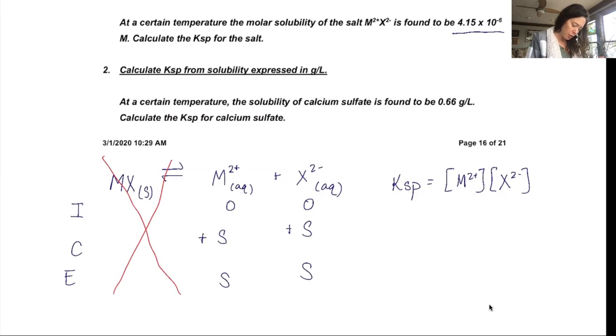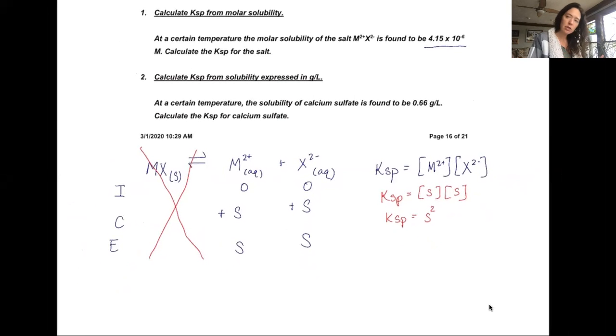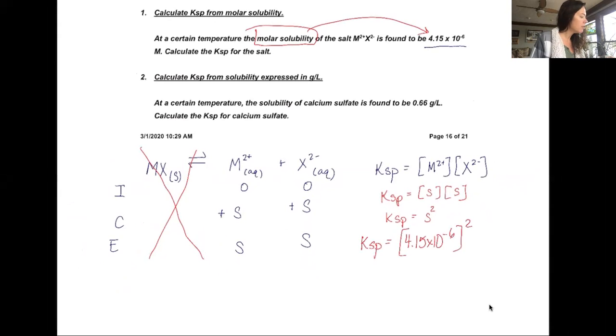So what we have here is Ksp equals S times S. So we know that Ksp equals S squared. S is the molar solubility, which is given to us in our problem. S equals 4.15 times 10 to the negative 6. So Ksp equals 4.15 times 10 to the negative 6th, squared. That gives 1.72 times 10 to the negative 11th.